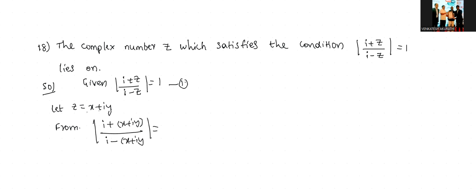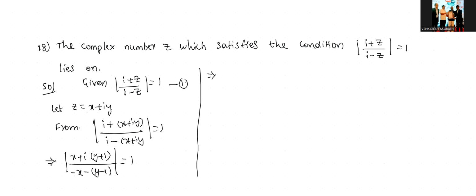Now this can be written as mod of X plus I common Y plus 1 by minus X minus I common Y minus 1 is equal to 1. That implies X square plus (Y plus 1) whole square by X square plus (Y minus 1) whole square is equal to 1.